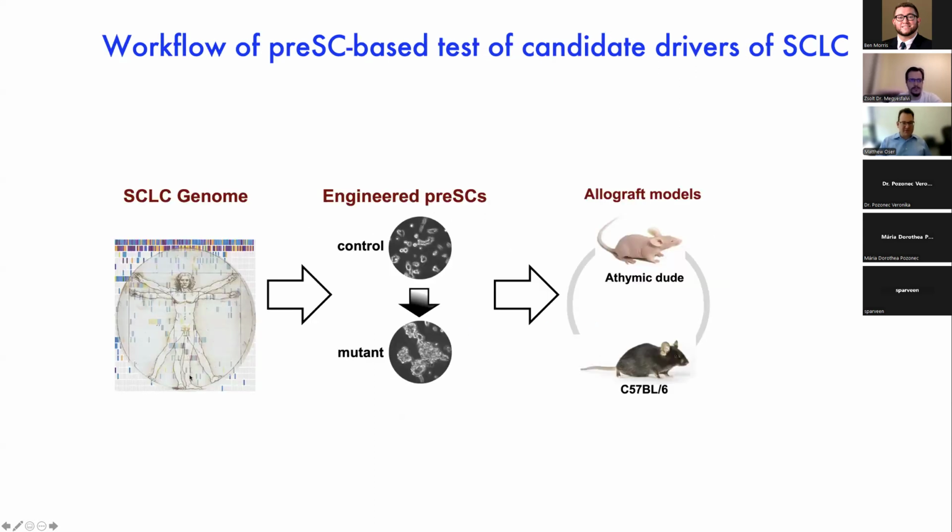So the idea is you can test your hypothesis with these engineered pre-SCs, and you can put these back into immunocompromised mice or immunocompetent mice. So I think there are a lot of questions. There's much higher throughput, obviously, than making an autologous model, and there are specific questions you can answer here.